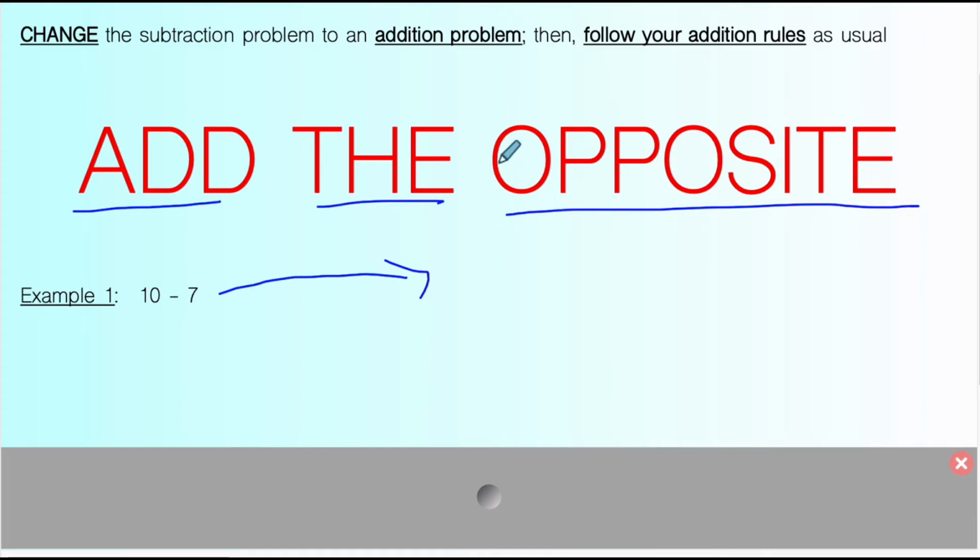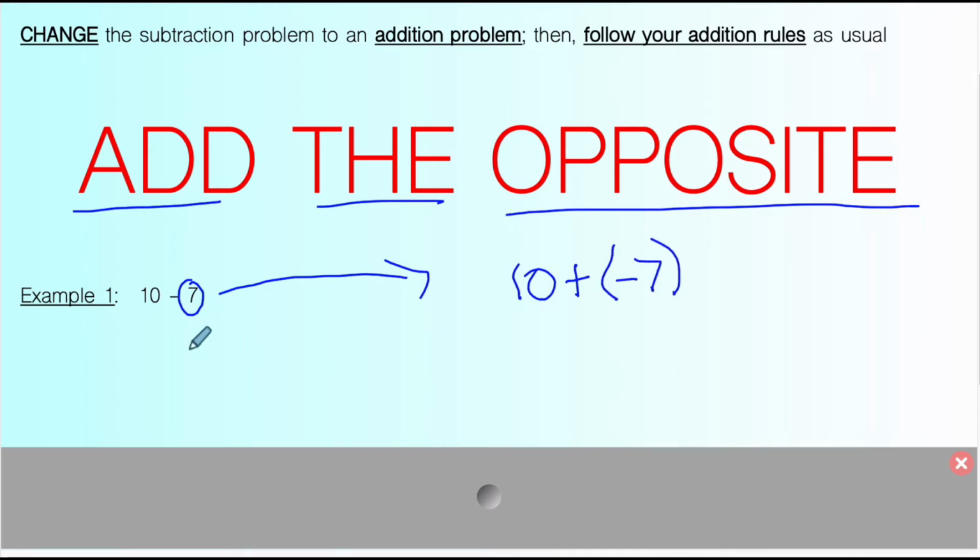I feel like we're on a game show. All right, so add means add. So I'm going to change the subtraction to addition, and I'm going to add the opposite. So what's the opposite of 7? Right now I'm subtracting 7, but instead of subtracting 7, I'm going to add the opposite of 7, which is negative 7.